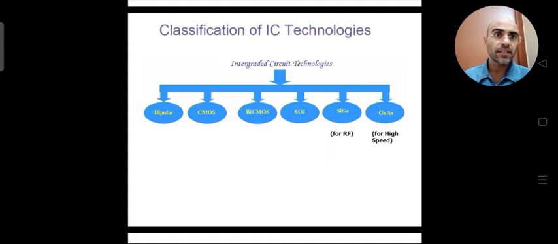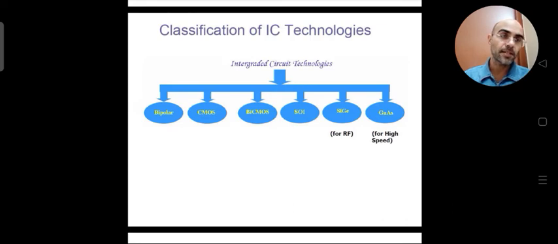Similarly, there are other types, such as silicon on insulator. What we do is take an insulator, and over that we use some semiconductor, so it becomes silicon on insulator. The semiconductor we are using here is basically silicon. So the classification of ICs is at this level also. Then there is the silicon germanium type of IC. These ICs are used for RF applications, whereas another classification is gallium arsenide circuits.